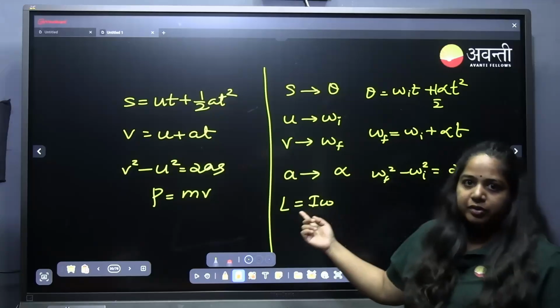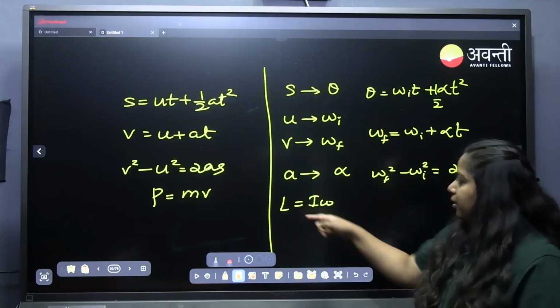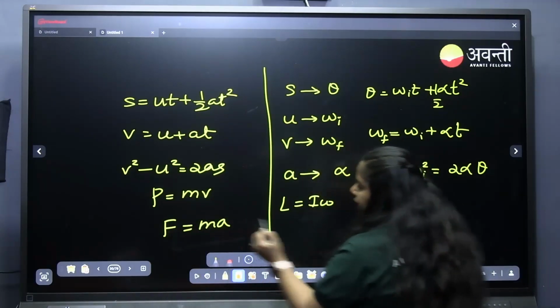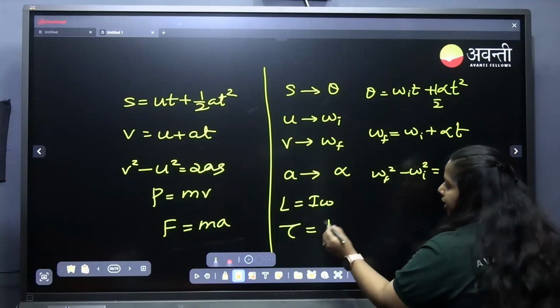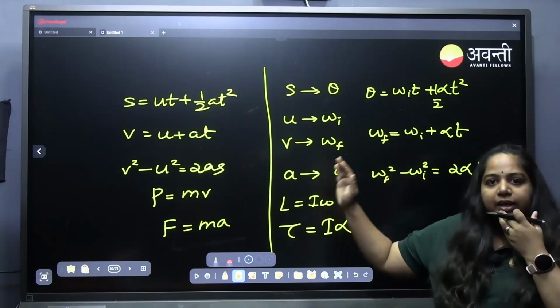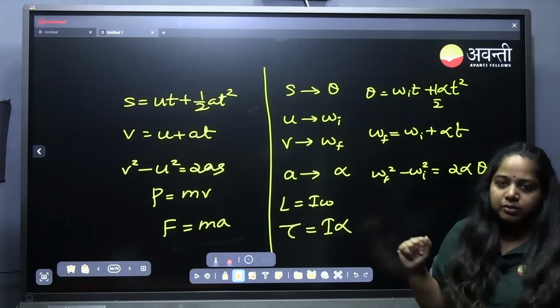I is moment of inertia. We will come to that in the next class, that is rotational motion. And similarly here if we have force equal to ma, here we have torque, that is equal to I alpha. Okay, so every equation in linear motion has an analog in circular motion.